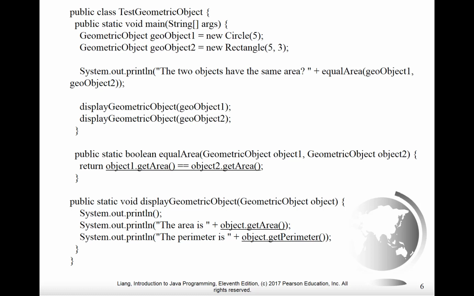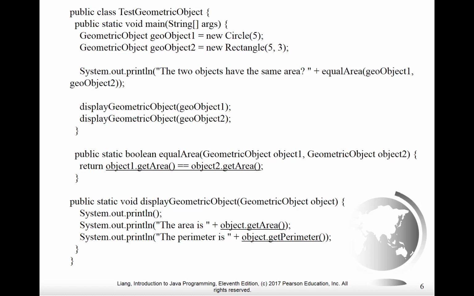Now immediately in the next line you may begin to understand why what we did in terms of abstract functions is significant here. Notice that we're doing a system out print line with a little message that says the two objects have the same area question mark, and then we're going to print a Boolean result, equal area, with two objects as arguments, GeoObject1 and GeoObject2, the two objects that we made up above.